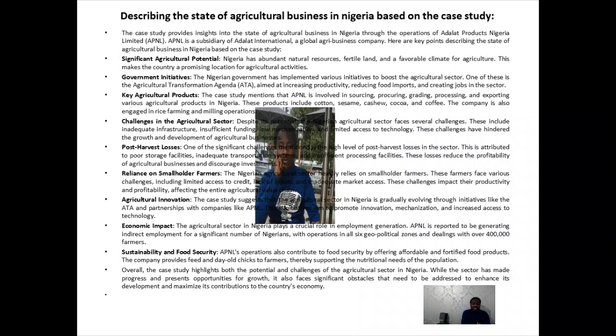Of course, we have food security, but there are some products that are not really sufficient, like rice. We are still importing rice because our production is not sufficient. So these are some descriptions that you could make when it comes to a question like this for Nigeria agricultural environment.